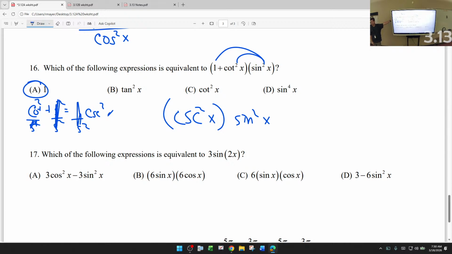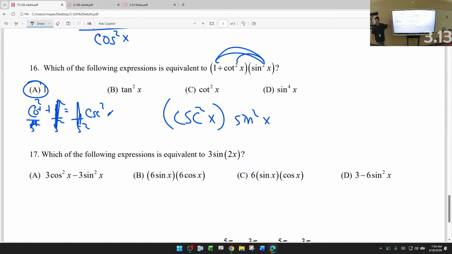If I distribute it, I'd get the same thing, because I ended up with cosine squared plus sine squared or something like that. I distributed it here and got sine squared, and this all canceled out except for the cosine squared, and I ended up with sine squared plus cosine squared, which is 1. How you end up with it or how you start with it doesn't matter. You're going to end up at the same spot.